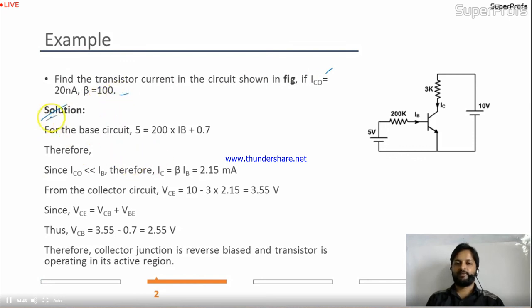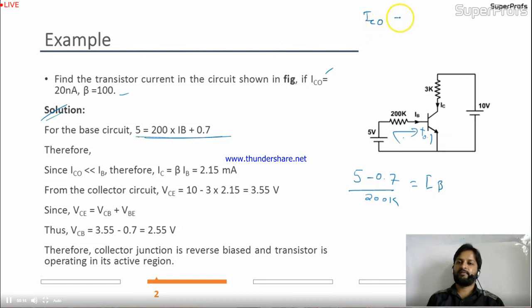I have put the solution over here for you also. For the base current, if you apply over here, it will be 5 and this is 0.7. So (5 minus 0.7) divided by 200k is equal to IB. So this is given over here. Now ICO is a very small current, given in nanoampere.